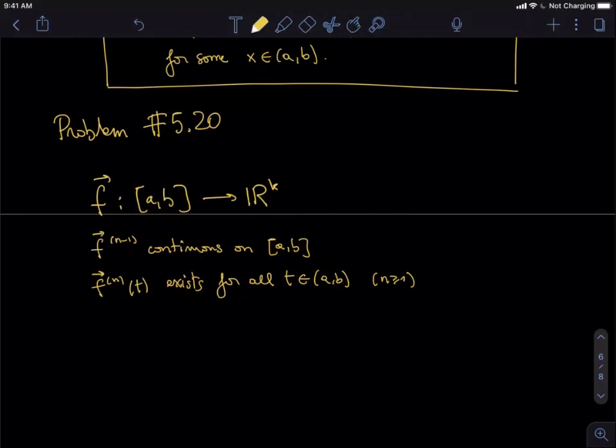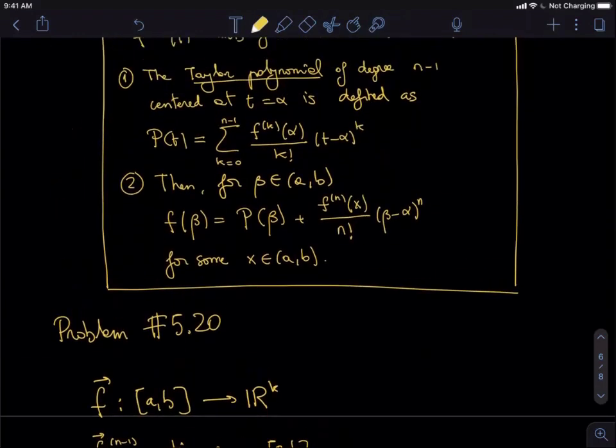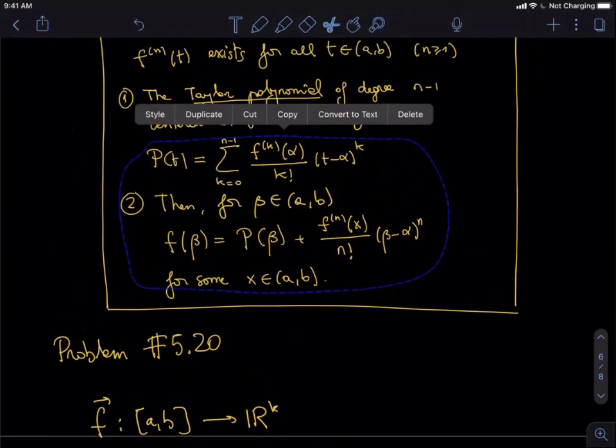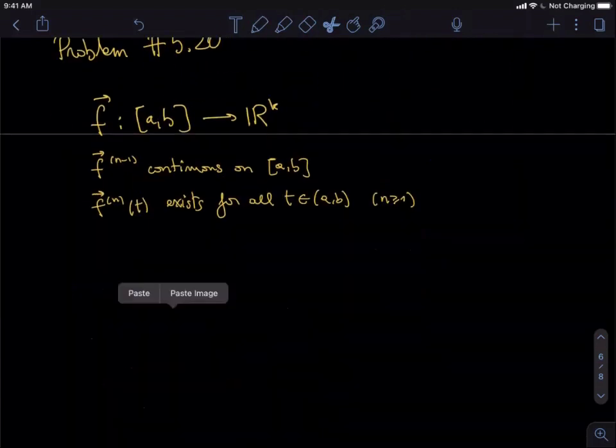So this is what we need, and once we are able to show that, a similar result is going to hold.